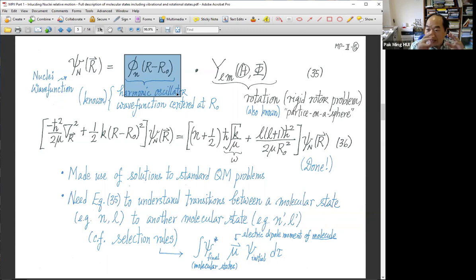There is a part that has to do with the harmonic oscillator solution. That is the radial direction along R, going in and out. There's a minimum there, going in and out, okay? So this is a typical QM problem. And then you can look up the solutions.